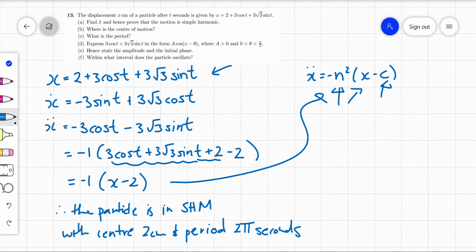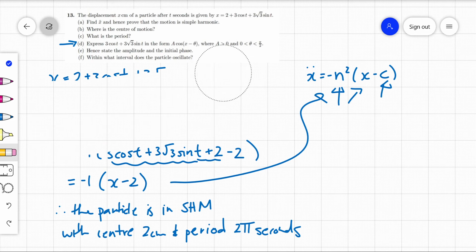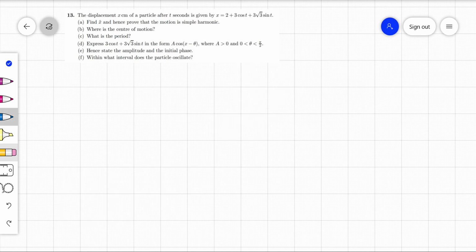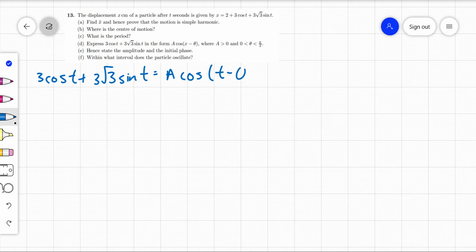Okay, so the next thing we have to do is express 3 cos t plus 3 root 3 sine t in the form a cos, I think they should have written, t minus theta.